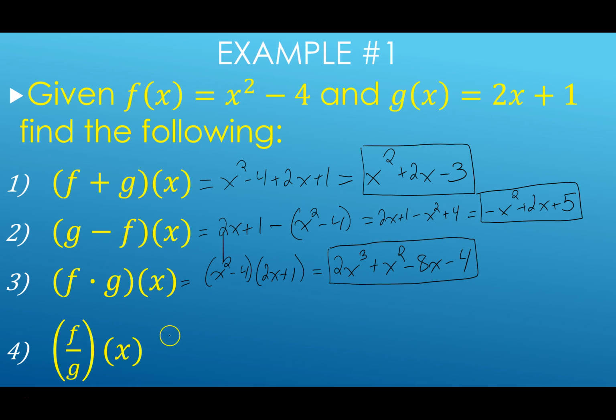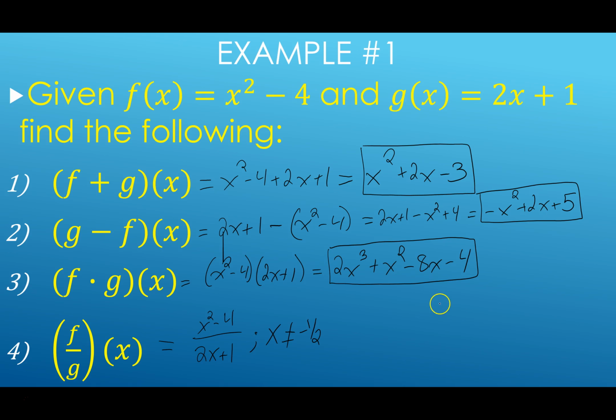And as far as dividing the two functions, well, we're just going to write them as x squared minus 4 divided by 2x plus 1. Now with division, we also need to include the fact that x cannot equal negative 1/2. Now where's that negative 1/2 coming from?